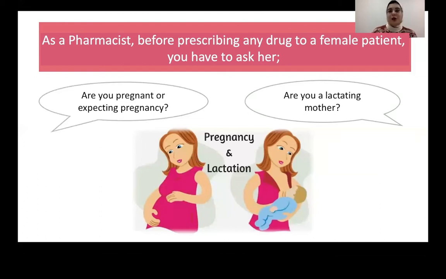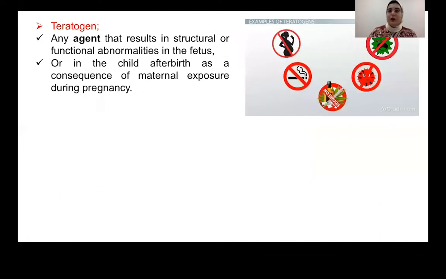Okay, so in the last video, we talked about describing what is a teratogen or teratogenic agent. Teratogen is any agent that results in structure or functional abnormality in the fetus or in the child after birth as a consequence of maternal exposure during pregnancy.